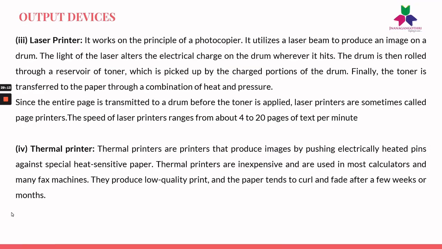Moving on to the next slide. As mentioned in the last printer type, there is another type known as the laser printer. How does a laser printer work? It works on the principle of a photocopier.